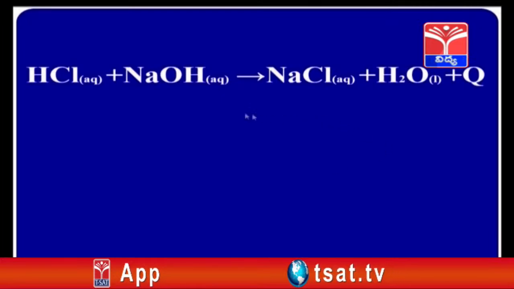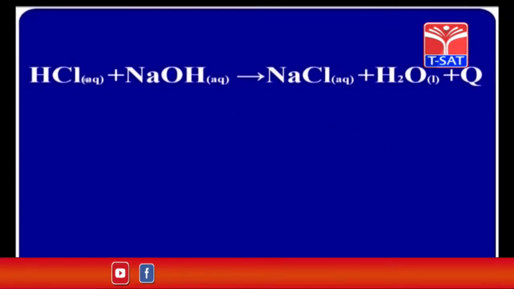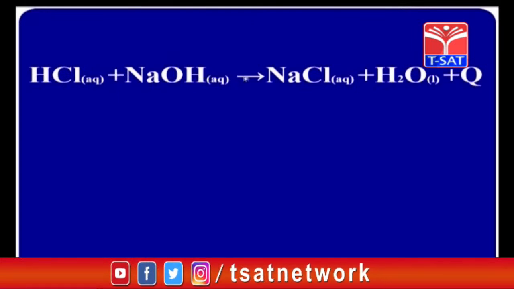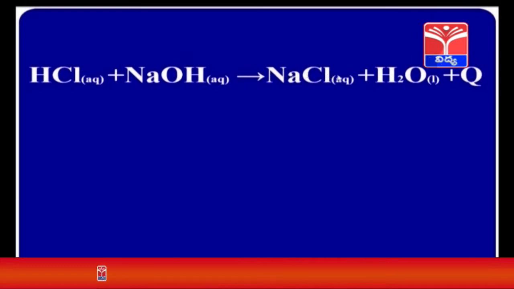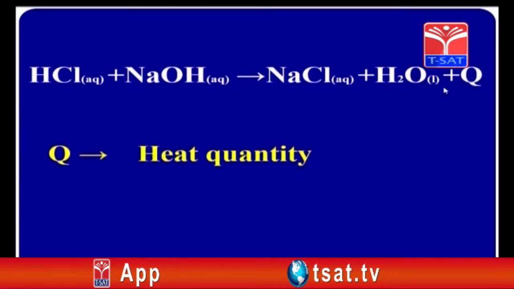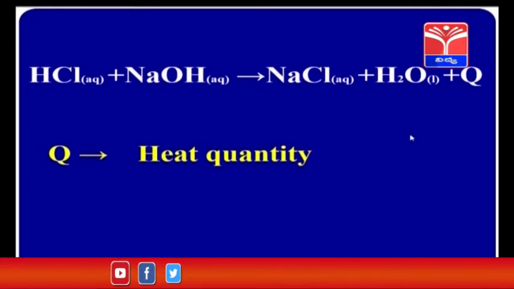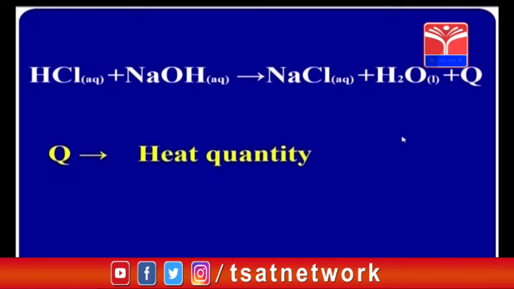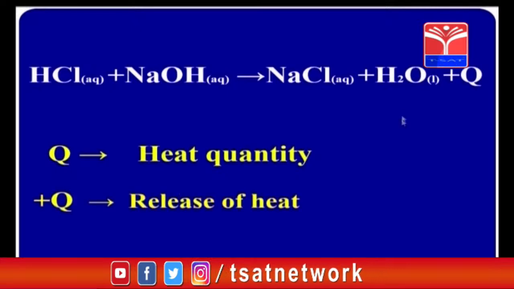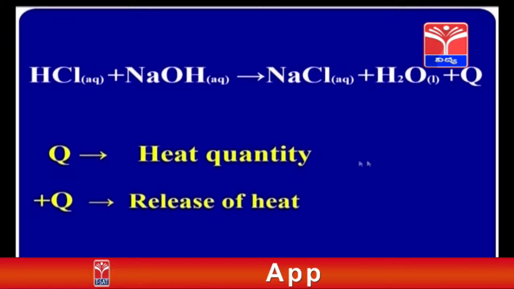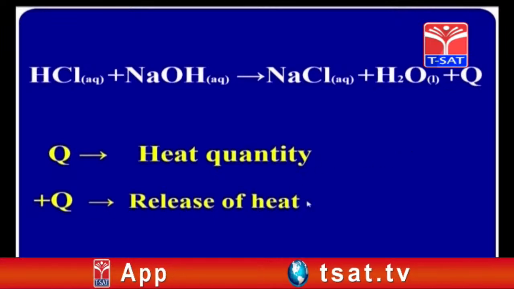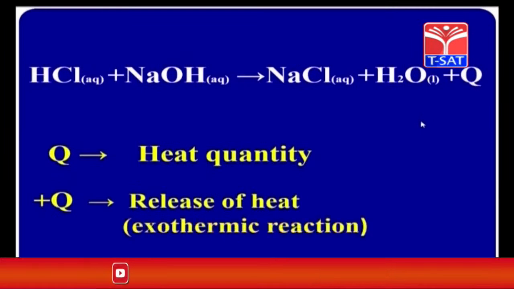So the equation can be written as HCl(AQ) plus NaOH(AQ) gives rise to NaCl(AQ) plus H2O(L) plus Q. See here, Q indicates the heat quantity which is released or absorbed during the chemical reaction. Here we have written it in the form of plus Q. Plus Q indicates release of heat.